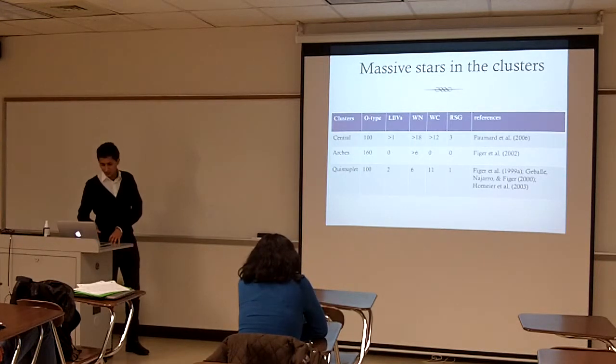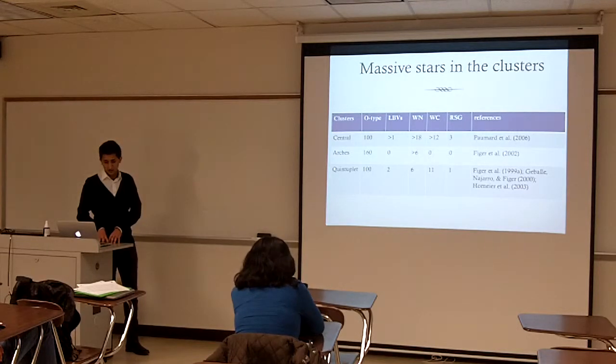As I said before, the majority of O-type stars are just in the Arches cluster, and there are no luminous blue variables or WC or red supergiants in the Arches.